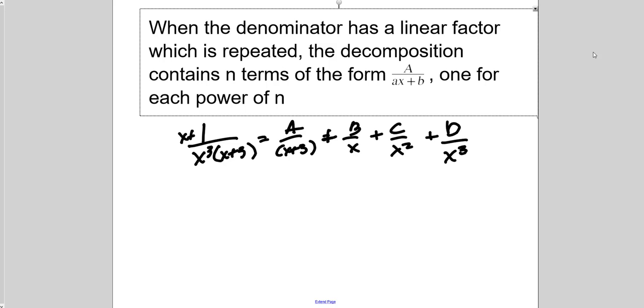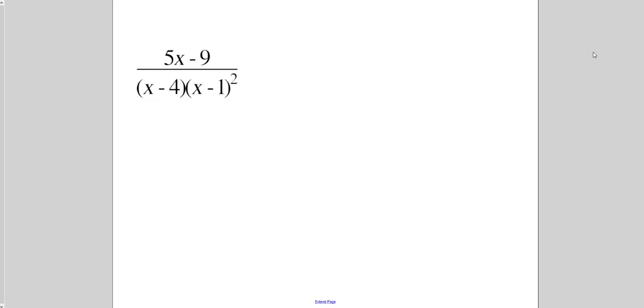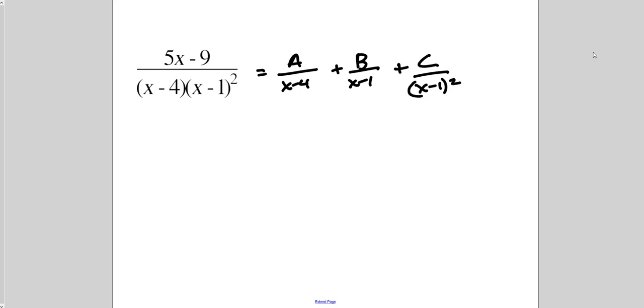So let's do an example. Here's an example right here: 5x minus 9 over x minus 4 times x minus 1 squared. This is going to equal a over x minus 4, plus b over x minus 1, plus c over x minus 1 squared.